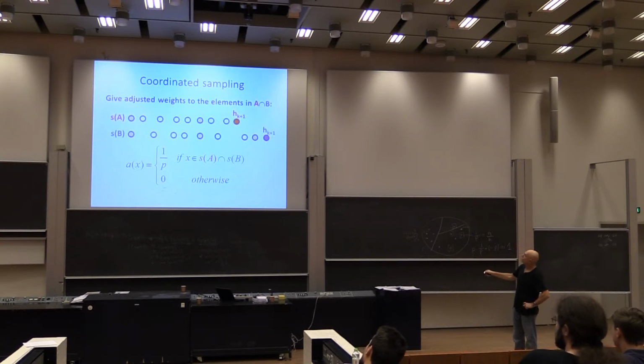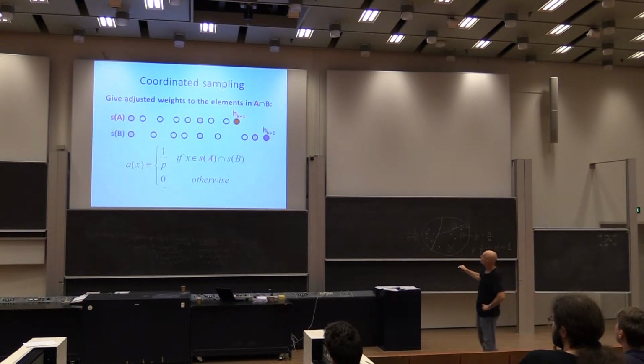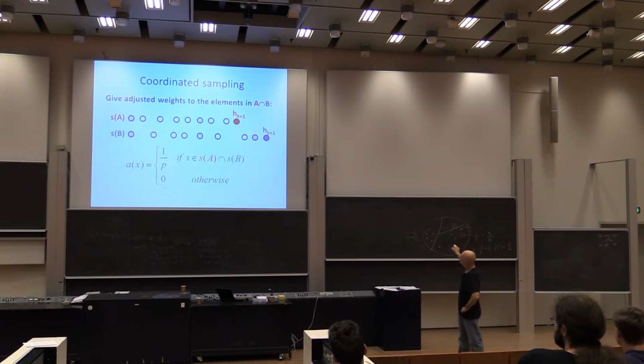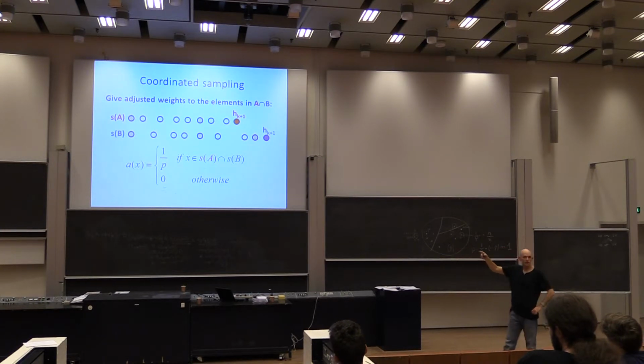So I give you the bottom-k sketch of A. These are the IP addresses with smallest hash value. This is the smallest, second smallest, and so on. And this is the K plus 1 that I also give. And I'm going to give adjusted weight to all the elements in the intersection of A and B. The adjusted weight of a guy in the intersection is going to be positive only if it is in the intersection of the samples.